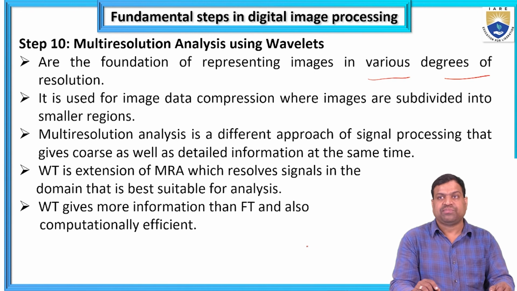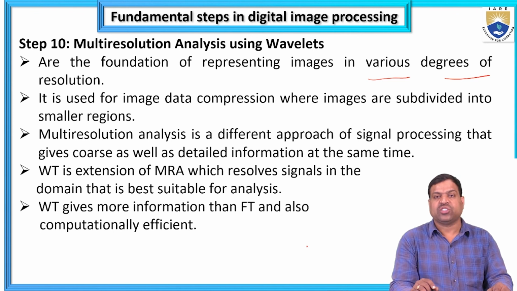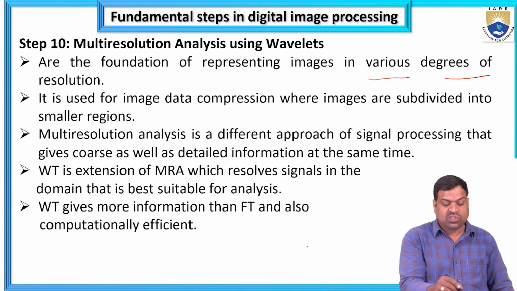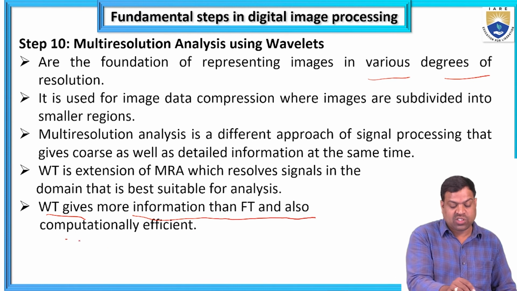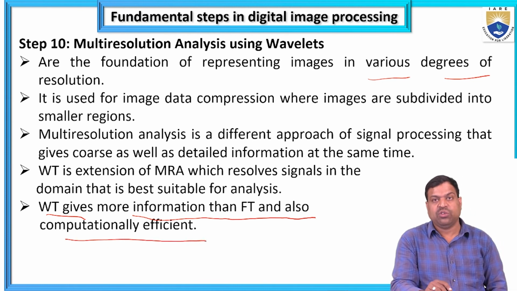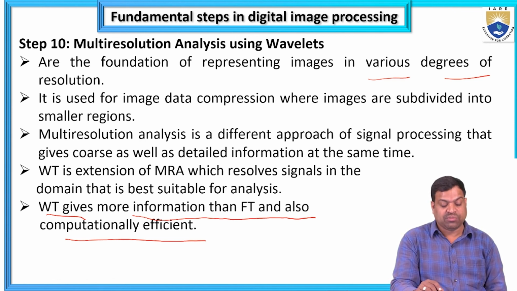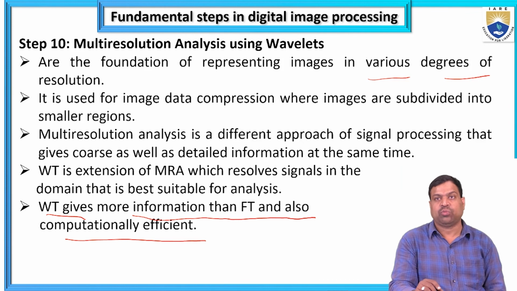For an MRI scan or any such signals, we transform the original image. The wavelet transform gives more information than the Fourier transform and is also computationally efficient. We use transformation techniques, wavelet or Fourier or other types, to get the output image.